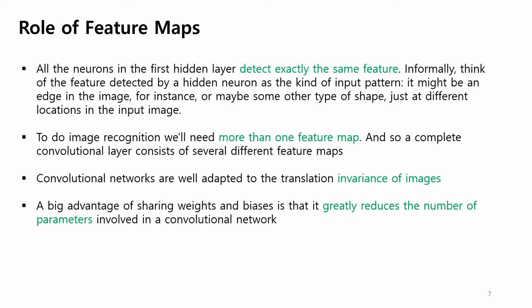For example, the goal of a certain feature map may be to find an edge in an image, or, at a higher level, something like the nose or ear of a human face.